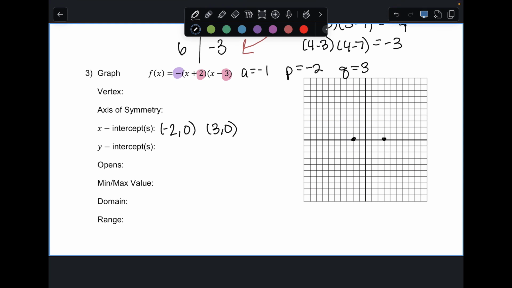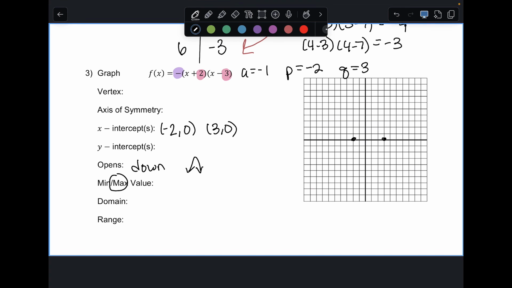A is negative 1. Is it going to open up or down? Down. If it opens down, meaning it's an upside down U, do I have a maximum or a minimum? Maximum. That's all that I can fill out right now, but that's quite a bit for just looking at my equation and finding 3 numbers.